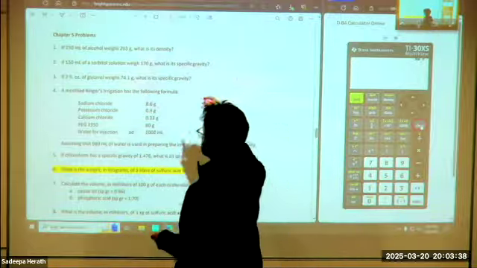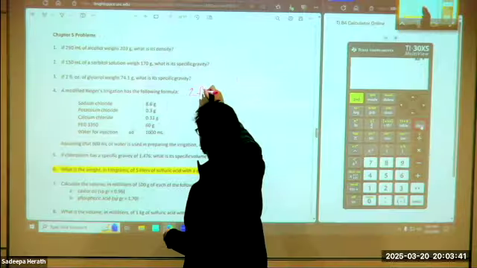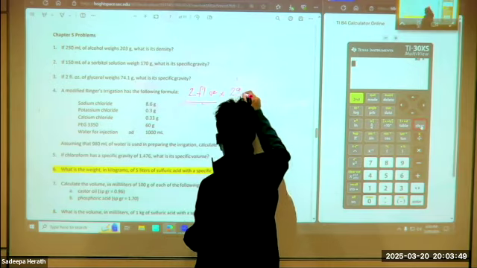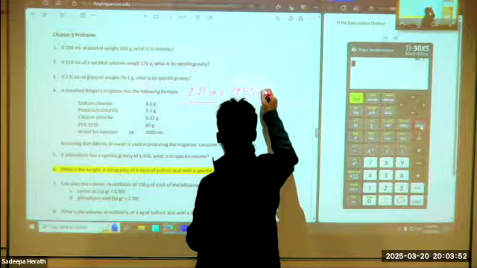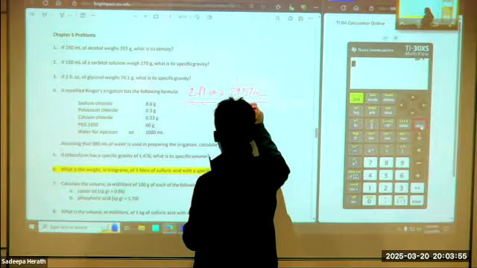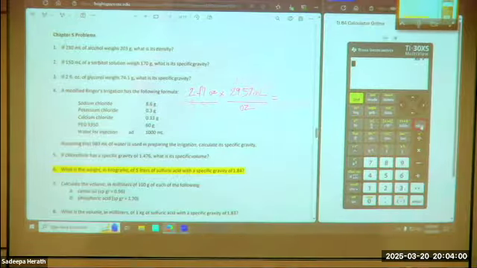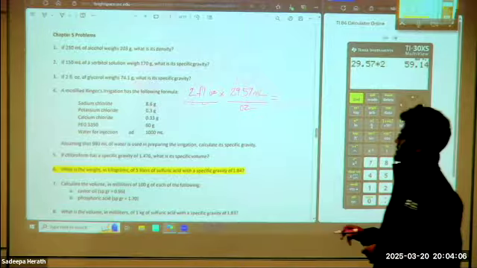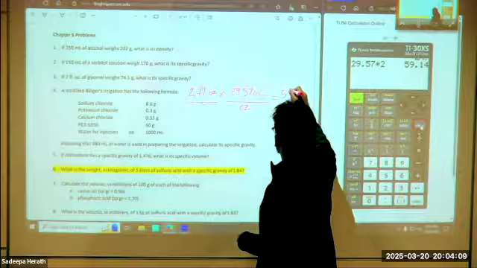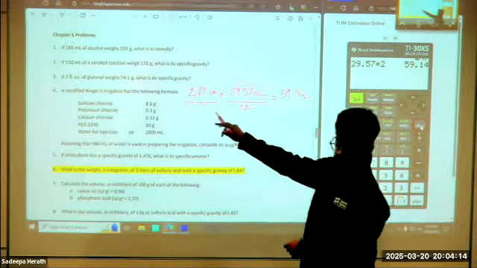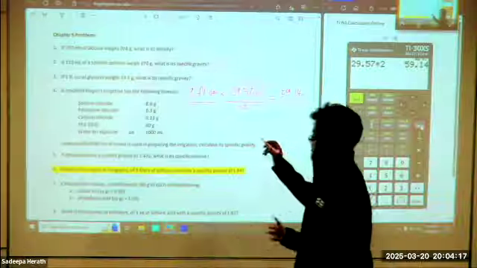So let's do that first. 2 fluid ounces, and it's expected for you to know these conversions, by the way, times 29.57 ml per ounce equals, I'm not gonna do that in my head, 29.57 times 2, 59.14 ml of glycerol.